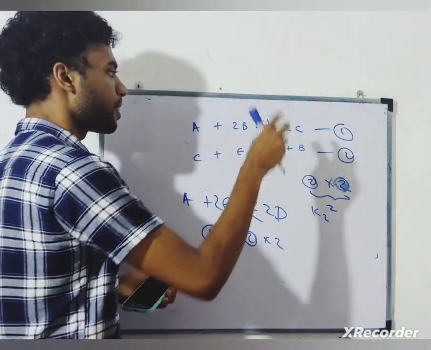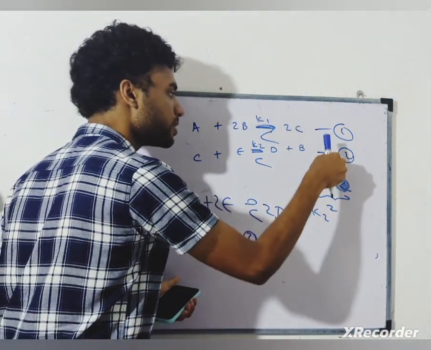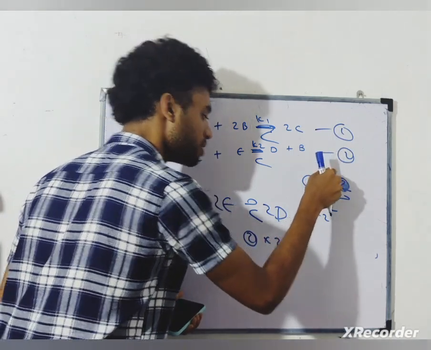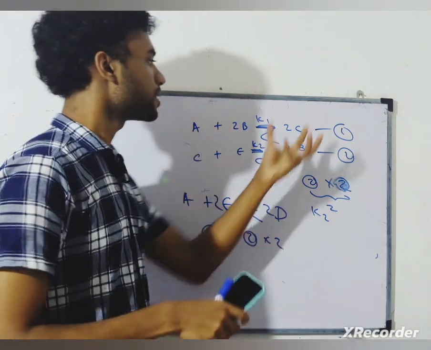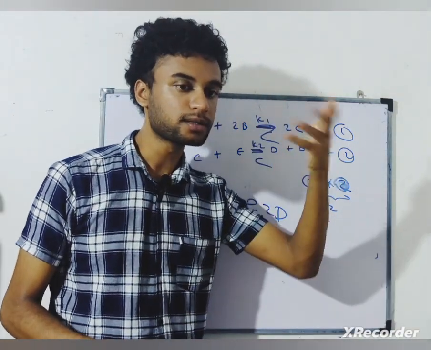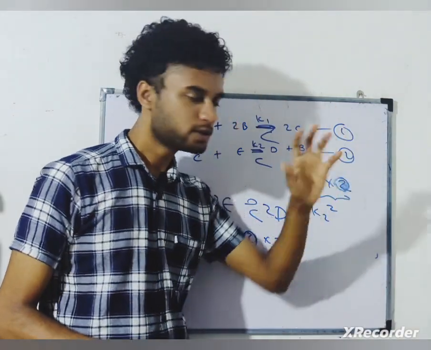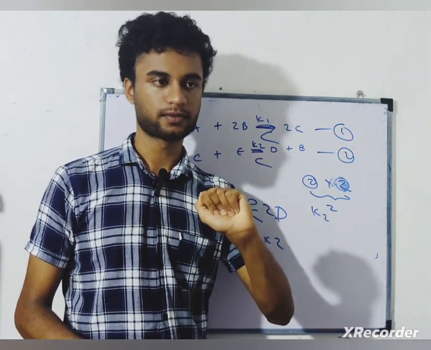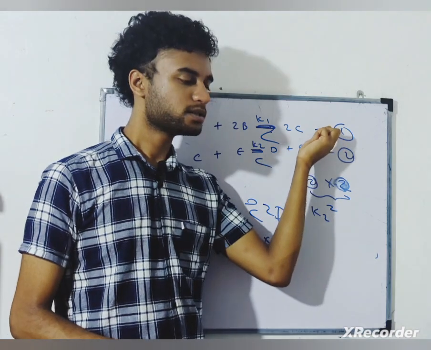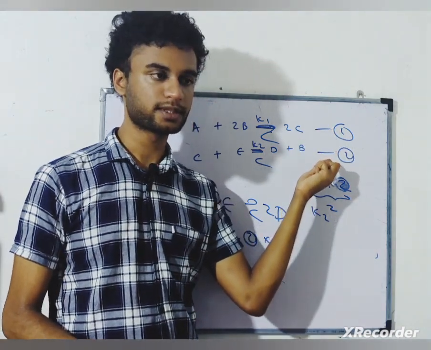Now listen, next rule. When I add two equilibrium reactions to get the final equilibrium reaction, the equilibrium constants are multiplied to give the equilibrium constant of the final reaction. You can try this at home, check it out.